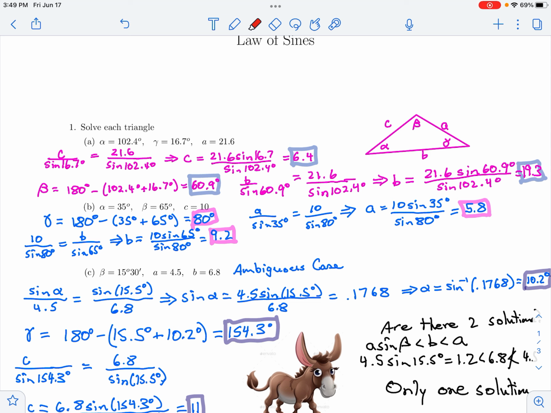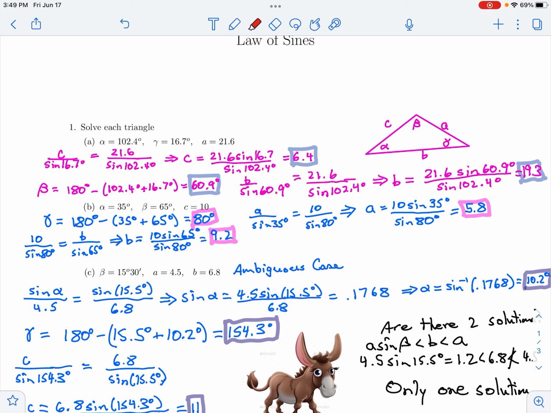I could have done the next step first, but to find angle beta, I don't need the law of sines because I've got two other angles. We know there are 180 degrees in a triangle, so I can just say 180 minus the sum of the other two angles, and I get 60.9.